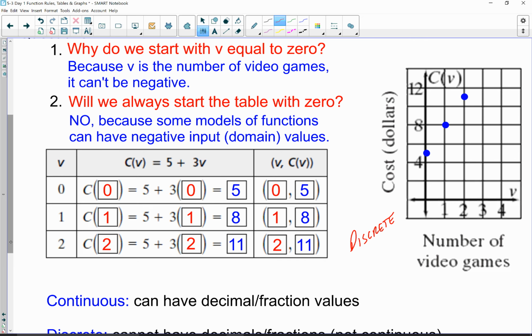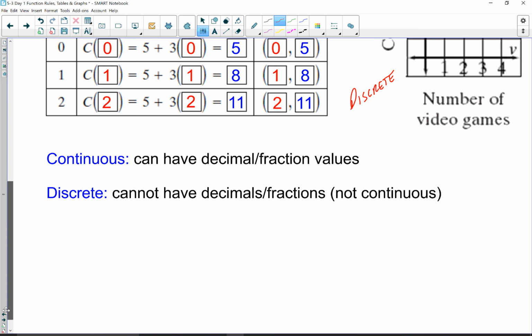So that means we would not connect with a line. So over wherever you've written this, discrete, this would not be connected by a line. Continuous would be connected by a line.